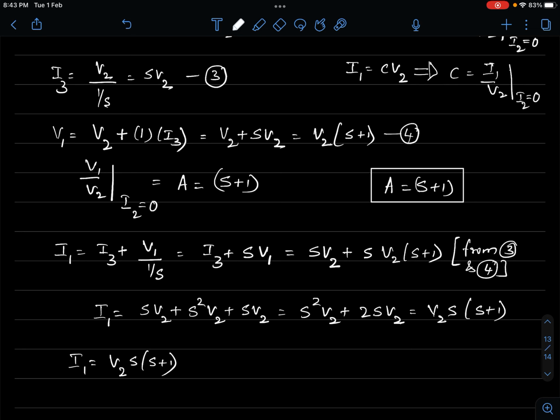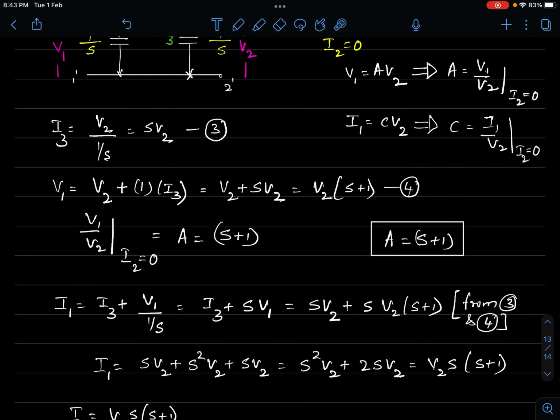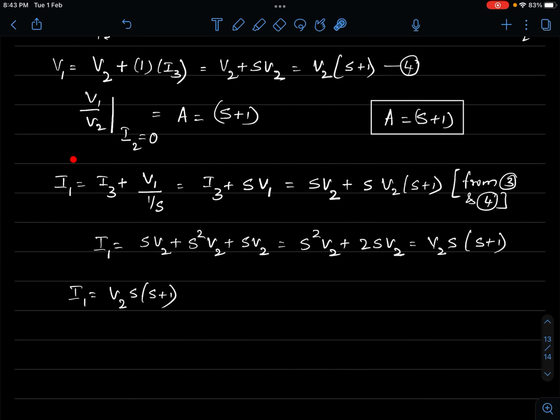Alright, what is C? We will go back and look at what is C. What is C? I1 to V2. And we have this condition I2 equal to 0. That is what we did all along. Right? So I2 equal to 0. What is I1 by V2? We have I1, we have V2. So therefore, this will result in I1 by V2, and this is obtained at I2 being 0.